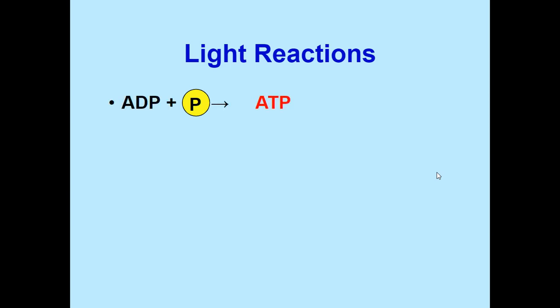So what happens in the electron transport chain is we take ADP and we put another phosphate on the end of it to make ATP. Whereas we take NADP plus and we add another hydrogen onto it to get NADPH.